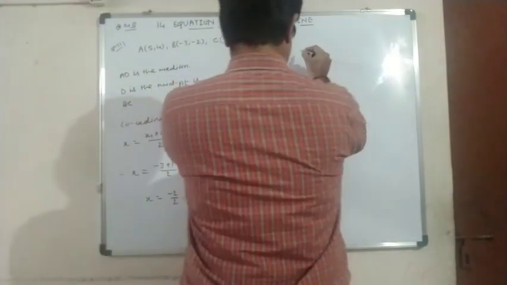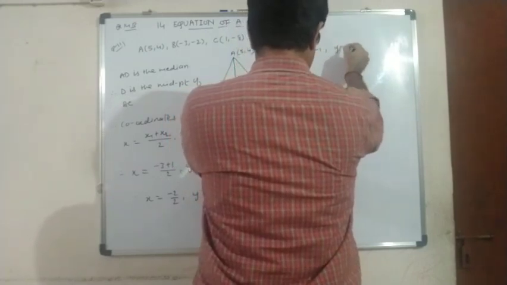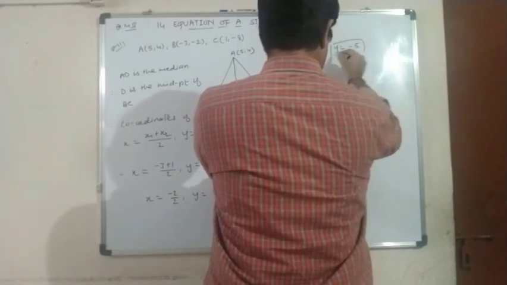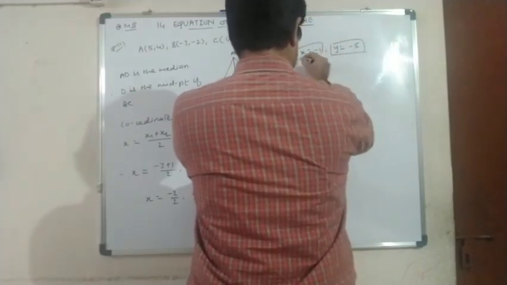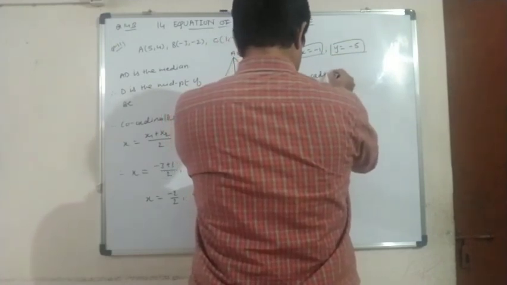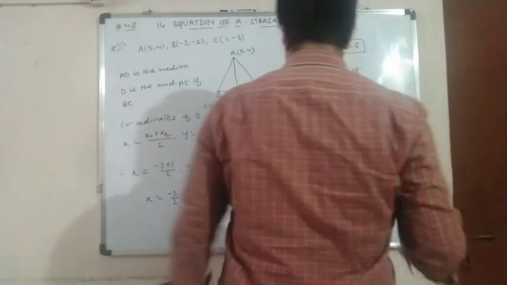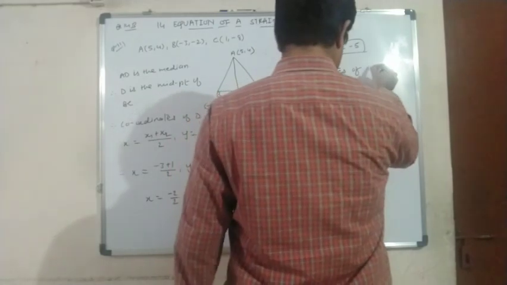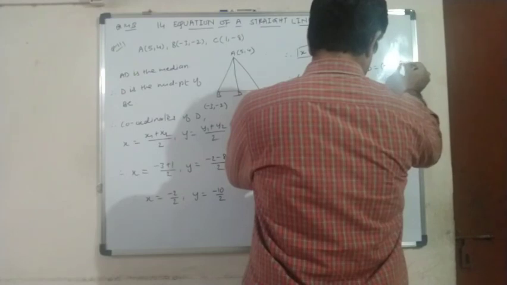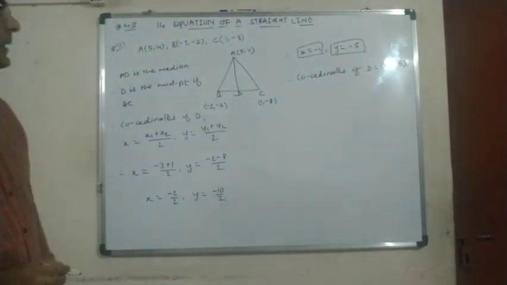Therefore, x equals -1 and y equals -5. And therefore coordinates of D are (-1, -5). Clear? We got the coordinates of point D.